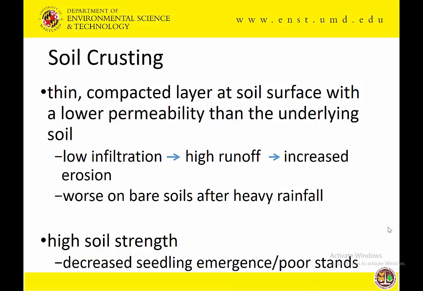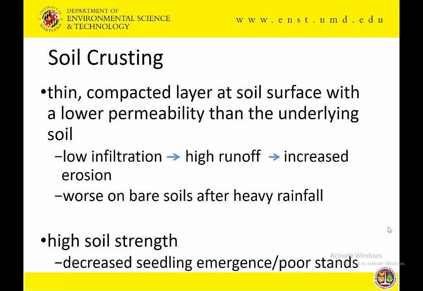So anytime you reduce infiltration, you increase runoff and you potentially increase erosion. Now, the folks who've studied this, of course, have shown that it's worse on bare soils and it's worse with heavy rainfall. And in case you're interested, if crusting's a problem for your clients, there's an entire book on soil crusting. Right? If you want it, I'll take it back to the library so you can check it out.